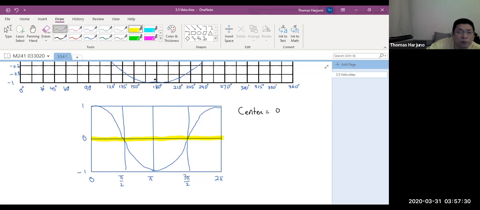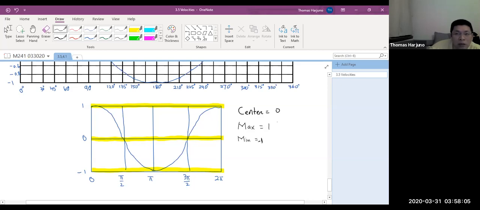The maximum value for cosine x is 1. The minimum value of cosine x is -1.